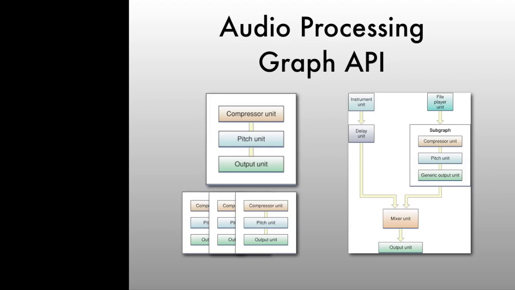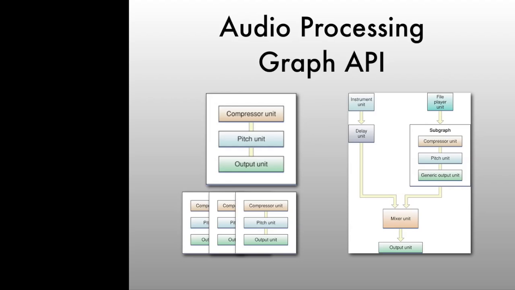And the audio processing graph isn't like a spectrum analyzer or frequency analyzer. This is like a graph, as in directed or undirected graph, where you can connect all of these units together, and you can actually connect units into subunits and put them into another full unit.